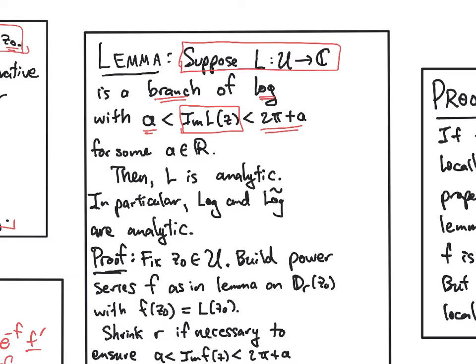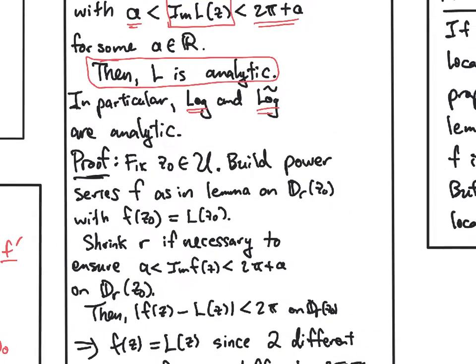Then this function will be analytic. So this includes the principal log and the log tilde that we defined before. And basically we just have to show that this function is going to agree with the analytic branch of log that we already built. So how does this go?